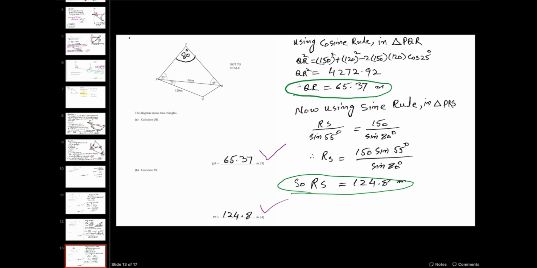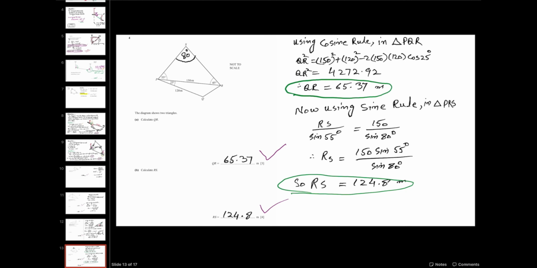So QR square is equal to 4272.92. I got this value by using calculator. Now take square root on both sides. Then QR is equal to 65.37 meter.